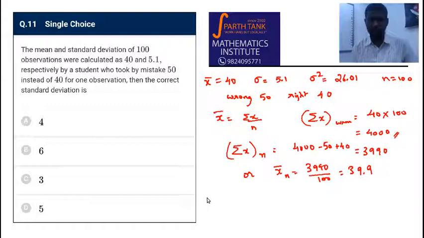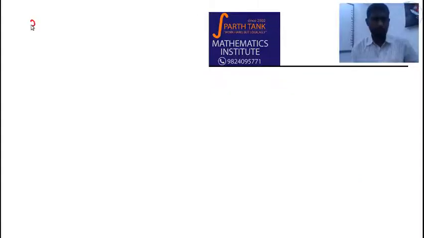Let us go to the variance to calculate the sum of x squareds. Let me start on a new page. Variance, by definition, is summation of x squared by n minus x bar squared.